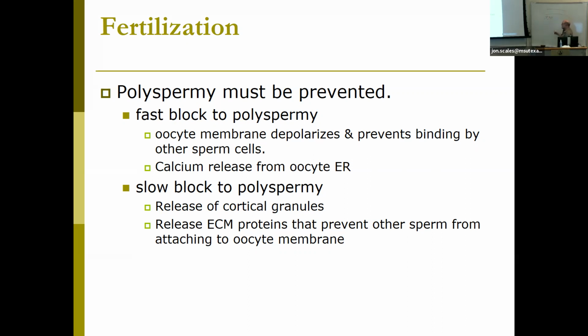When it depolarizes, it flips that polarity, so it becomes positive. That has a repulsive effect on any sperm that are really close by. It just causes them to bounce back. It's like two positives repelling each other, or if you put two magnets together the wrong way, they push apart.